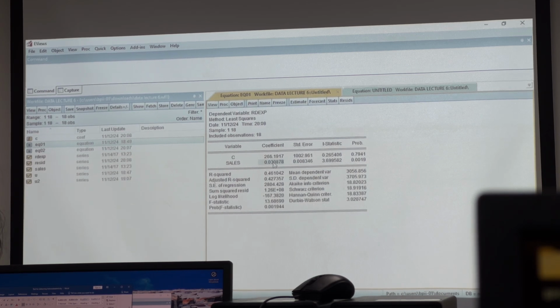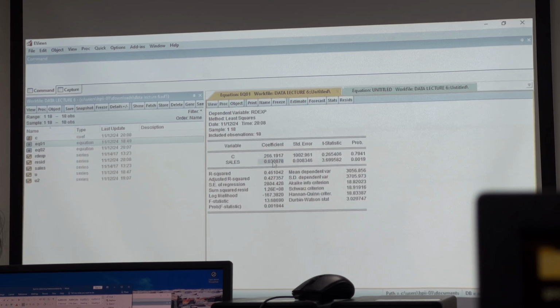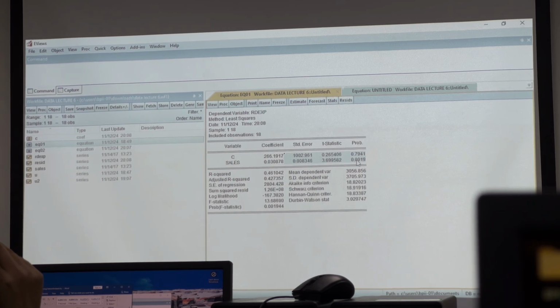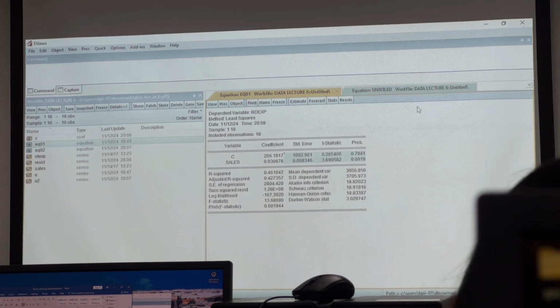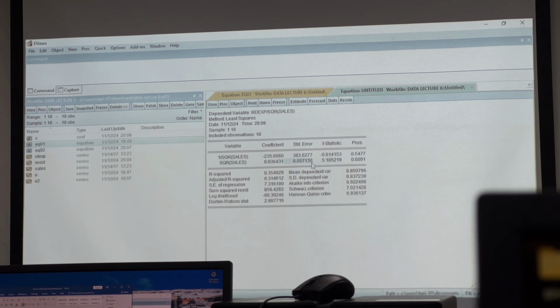So you can use this estimation result to make interpretation, but we are not able to rely on it because it makes the estimate of standard error incorrect. So we have to remedy and then make conclusions based on this one.